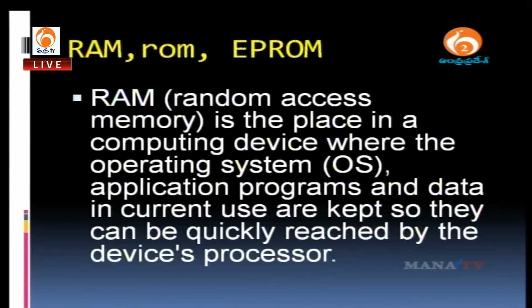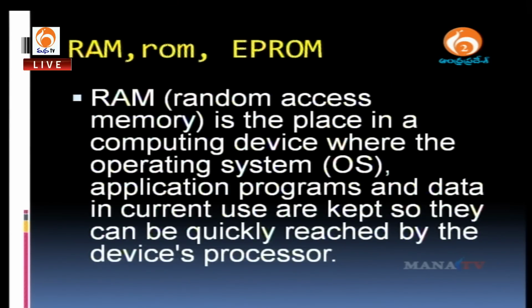Once again we will go through just the definition. RAM means random access memory. It's a place in a computing device where the operating system, applications, programs and data will be stored.